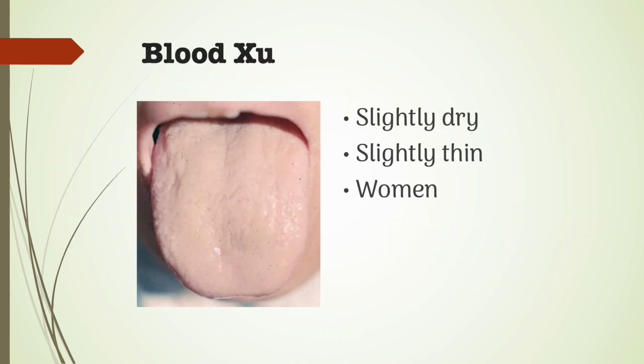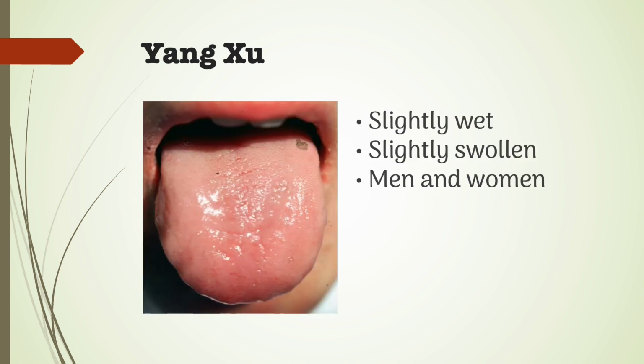A blood deficiency tongue is slightly dry, slightly thin, and very common in women. Yang deficiency tongue, slightly wet, slightly swollen, and commonly seen in both men and women.